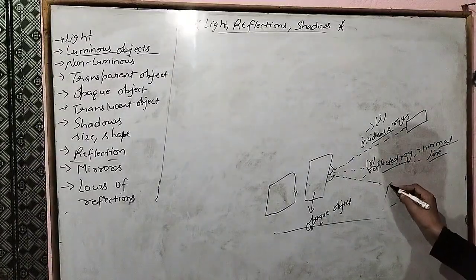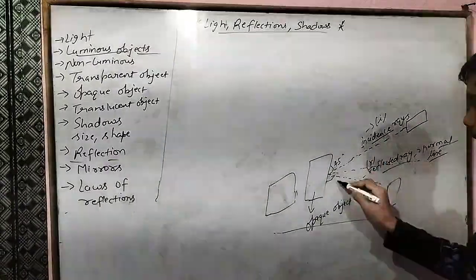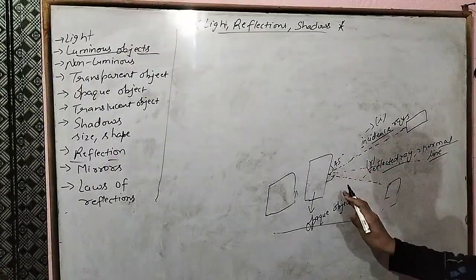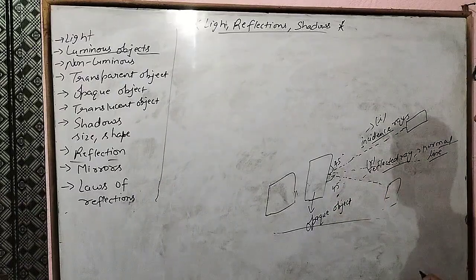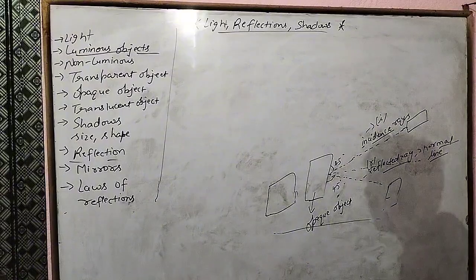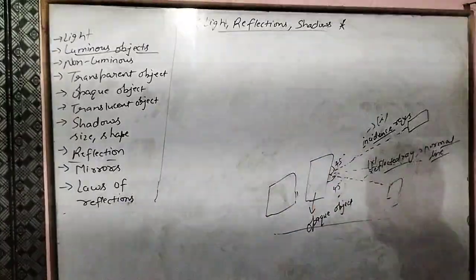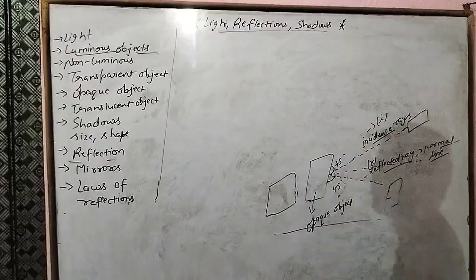Clear? Let's suppose this is 45 degrees. Then the angle of the reflected ray will also be 45 degrees. It is saying both will be equal. Clear?